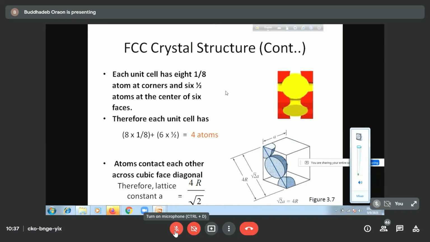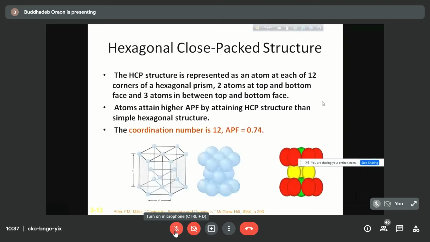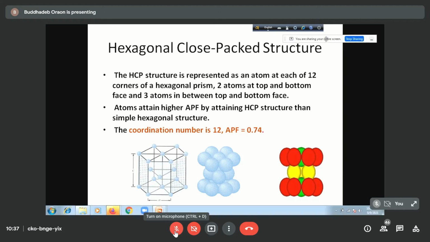Let us see now. So this is the geometry, and this has been shown in different colors.